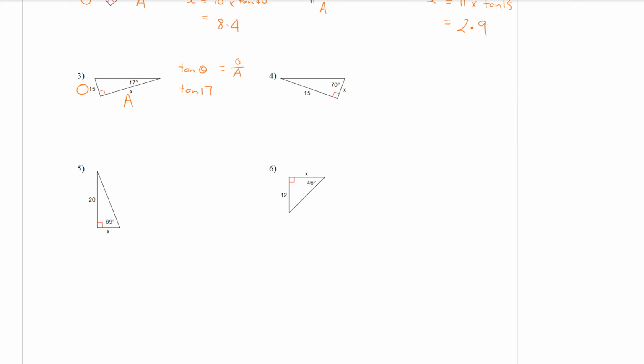Tan 17 equals, opposite is 15, and this time my adjacent is the x, which means that my x is on the bottom. When the x is on the bottom, they switch places. The 15 still stays on the top, but the tan 17 goes to the bottom and we're doing a division.